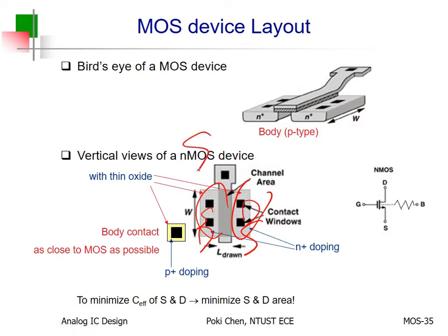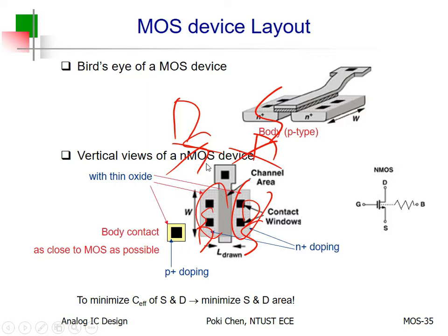If swapping source and drain can simplify your routing, then do it. If not, then change it. Drain, source, as you like. But it can only be applied to regular MOSFET. For high voltage MOSFET, source and drain are totally different. Okay? They cannot be reversed.